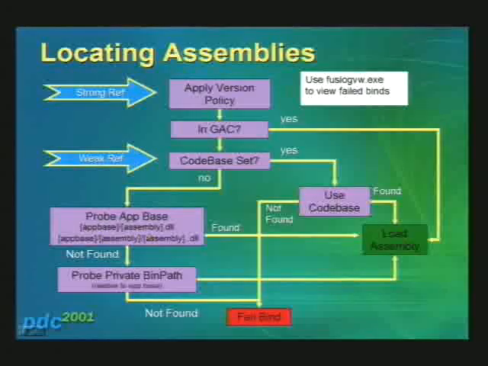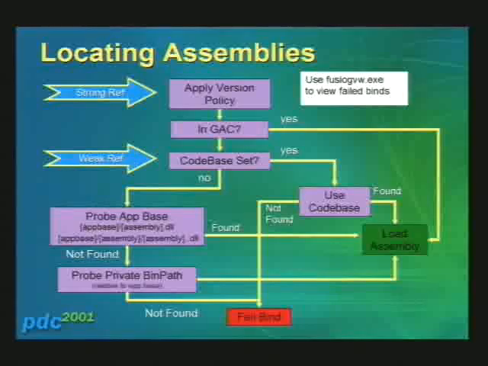We look for a file with the name of the assembly.dll in the app base. Secondarily, we'll look for the assembly in a directory with the same name as the assembly, and a file the same as that assembly name under the app base. So for example, if you're referring to the assembly called foo, we'll look for foo.dll in the application directory. If we don't find that, we'll look for a directory called foo under the application directory with an assembly in it called foo.dll. That's the extent of the probing.